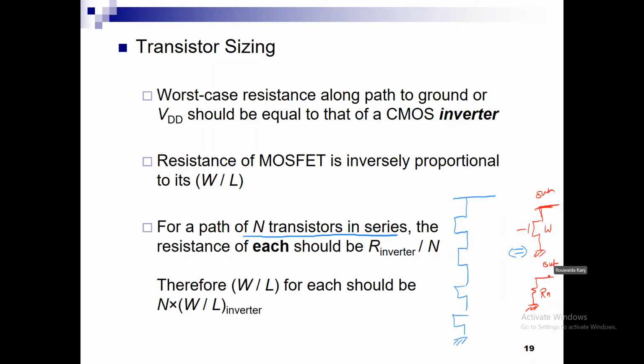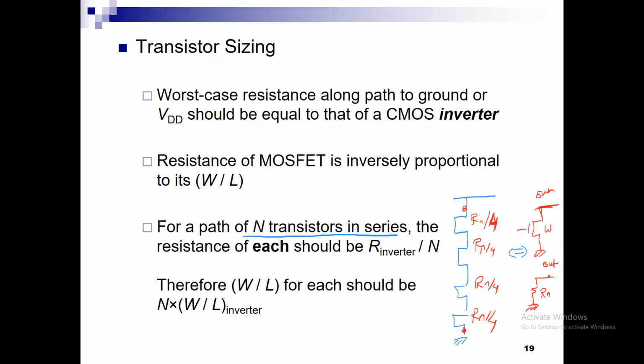Then if this Rn transistor, I really need this to be Rn over big N. In this case it is 4, so I want this to be Rn over 4, and this Rn over 4, and the same here, so that the total resistance from here to here is Rn and therefore the inverter sizes should be times 4.